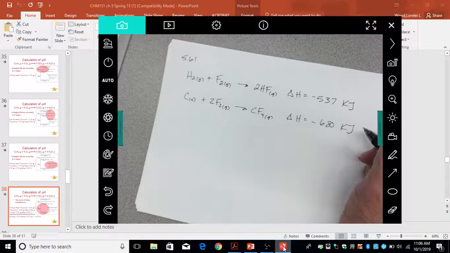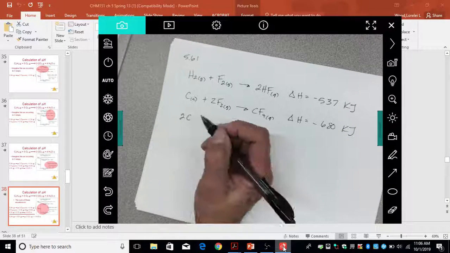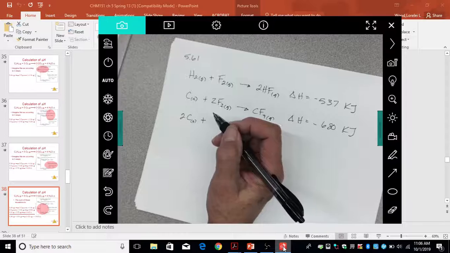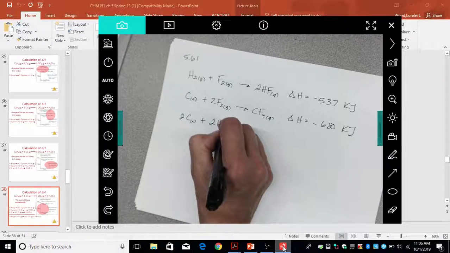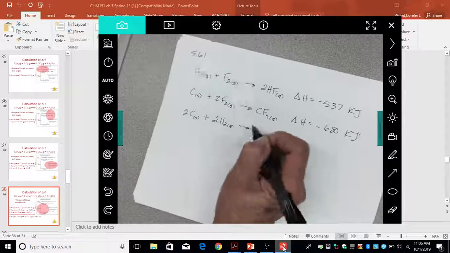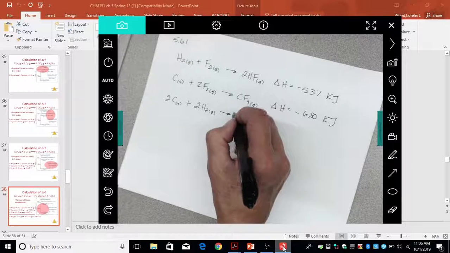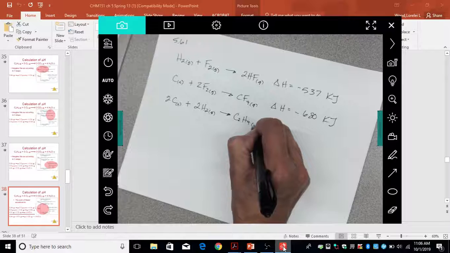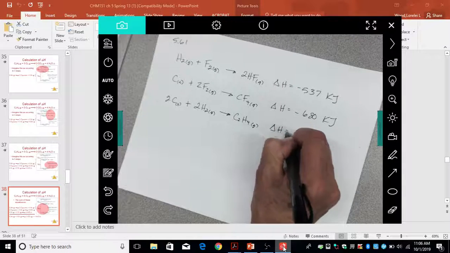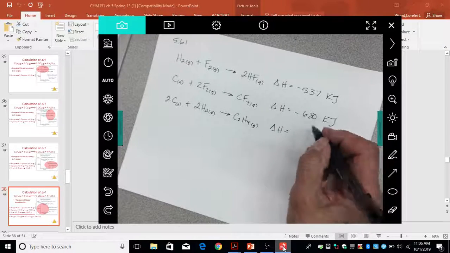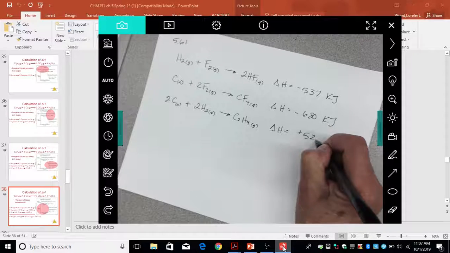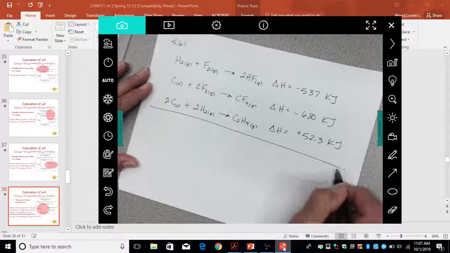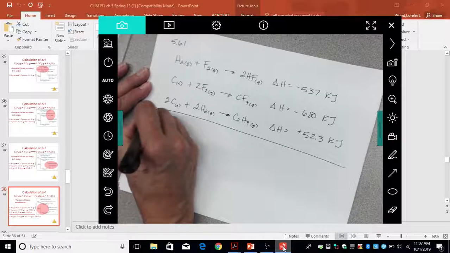The third one, I got 2 carbons as a solid plus 2 H2s as gas, which yields C2H4, also as a gas. And my enthalpy value for that one is plus 52.3 kilojoules. Now, our target equation, that's what this is called.